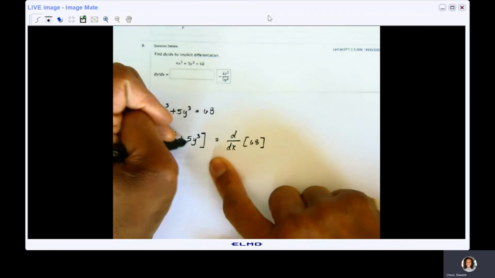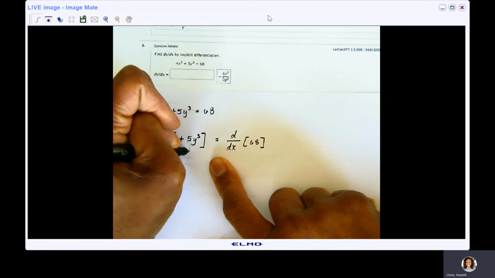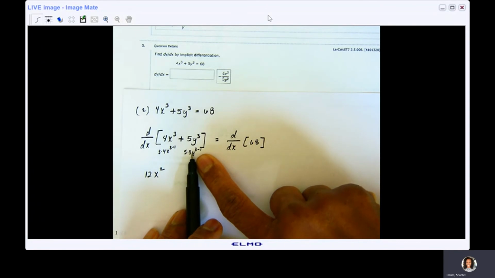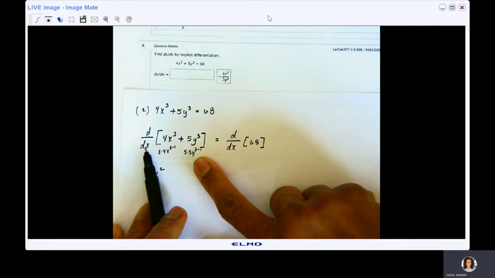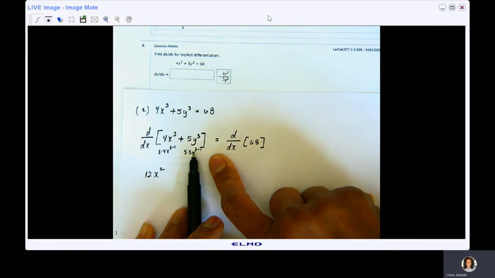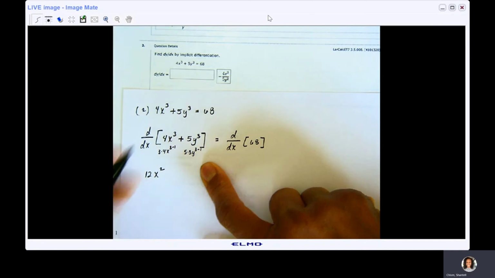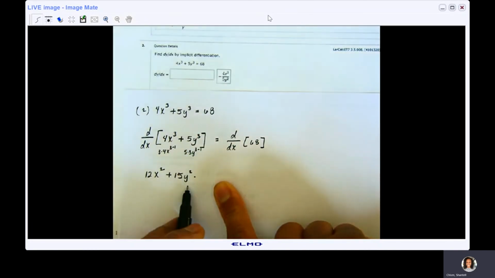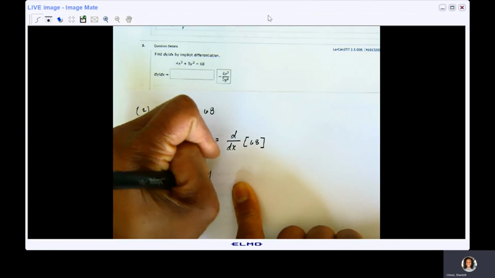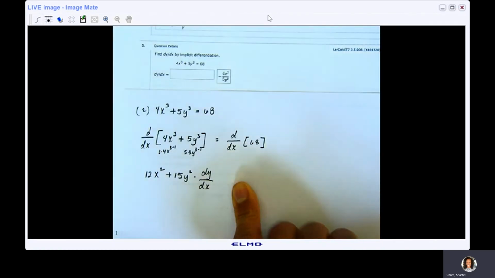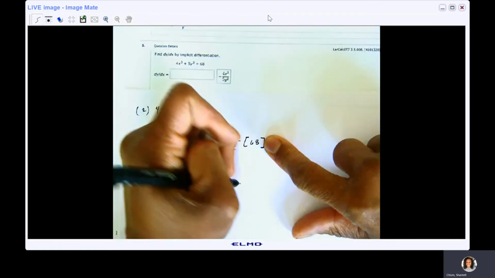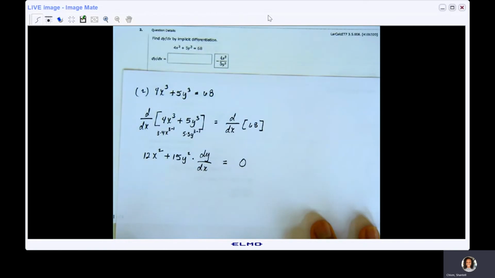Here, you're going to also bring down the exponent of 3 and lower it, but then you have to take the derivative of the inside, because this is the outer derivative, and you still need to take the derivative with respect to x. So we have to assume that y is a function of x and say times the derivative of y. So this would be plus 15y squared times the derivative of y with respect to x, which would be dy over dx. And then that's equal to a constant, whose derivative is 0. Okay?